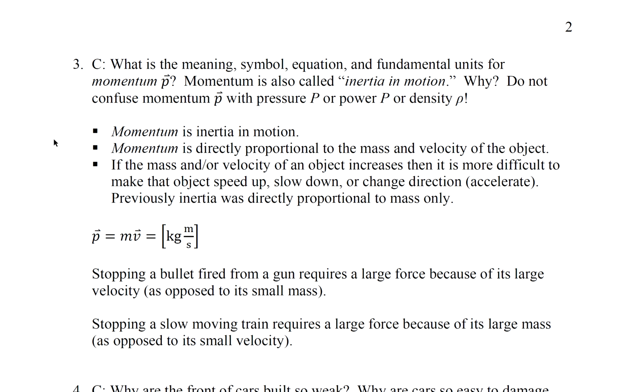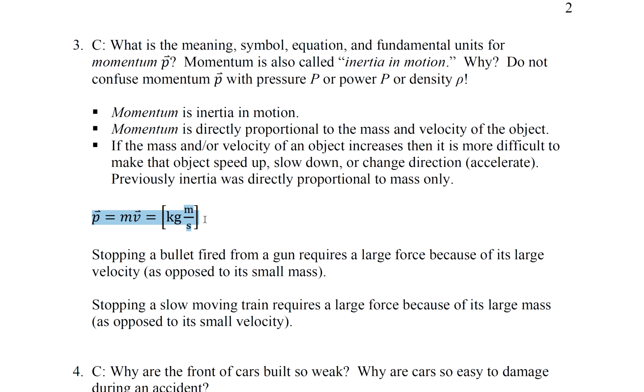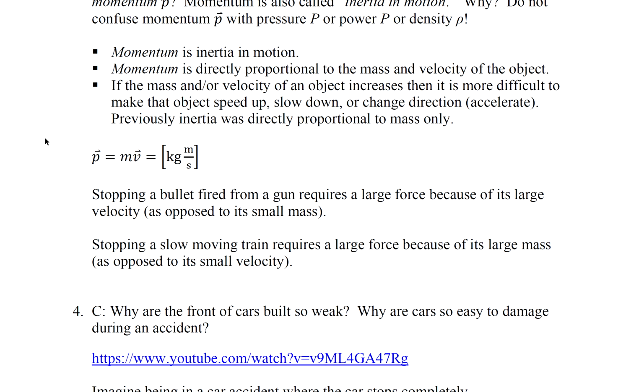If the mass and or velocity of an object increases, then it is more difficult to make that object speed up, slow down, change direction, or accelerate. Previously, inertia was directly proportional to mass only. So p equals mv has units of kilograms meters over second, or newtons times seconds, newton seconds.